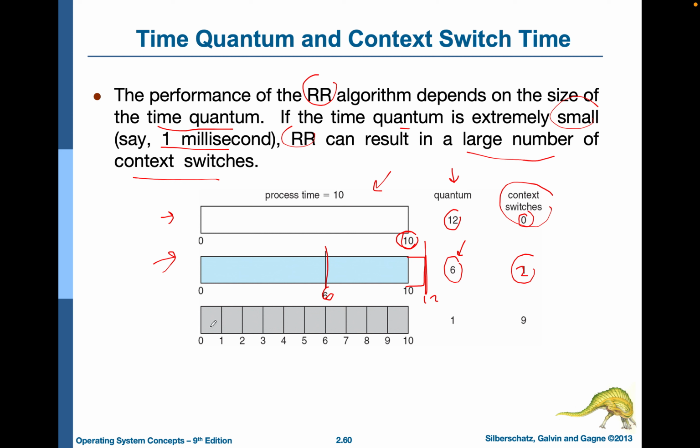Okay, you can also see the third example here. We have a quantum of 1. Each one, maybe in this example we put as millisecond or 10 seconds. So every 1 millisecond is going to have a quantum.